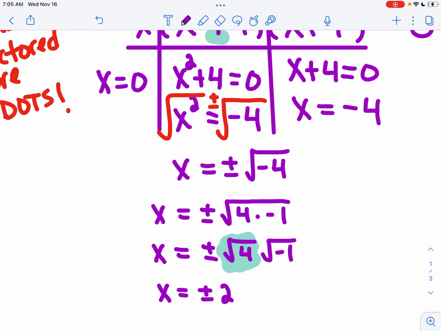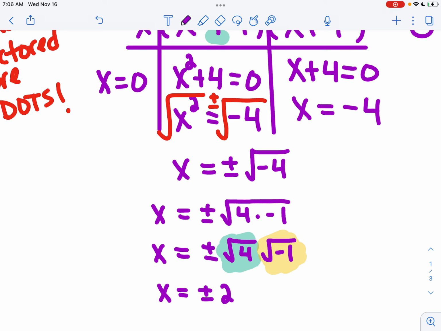What we don't know is what the square root of negative 1 is equal to. Because right now, all our calculator is telling us is that it's a non-real number. And that's true. The square root of negative 1 is a non-real number. It's something that we're going to now refer to as an imaginary number. We're going to dive much deeper into this in our lesson 5, imaginary number lesson, tomorrow.